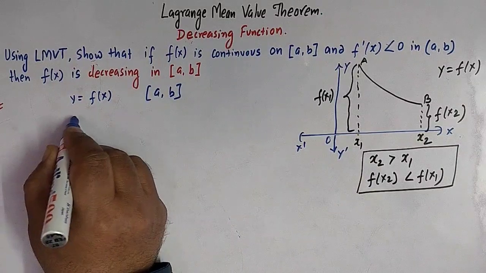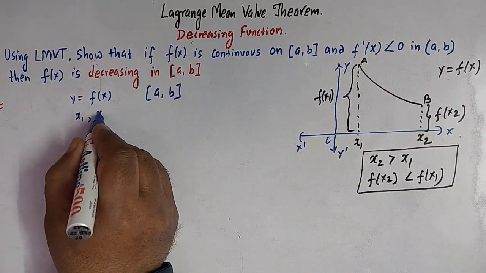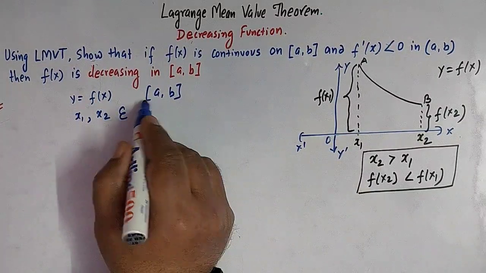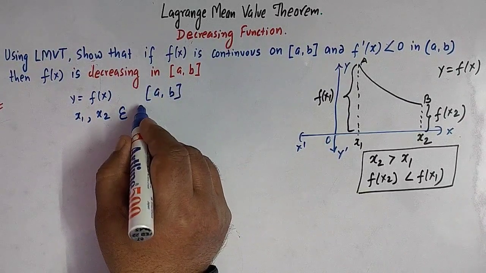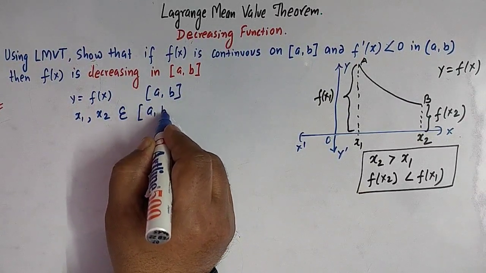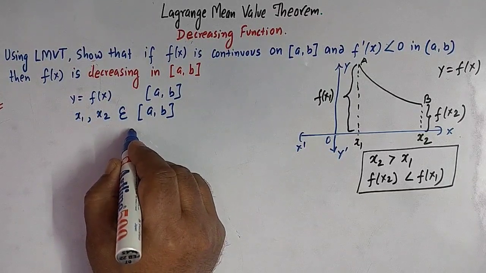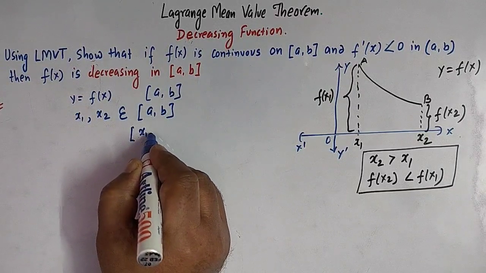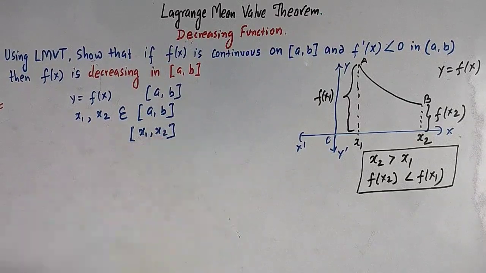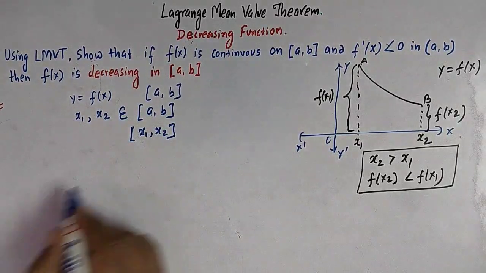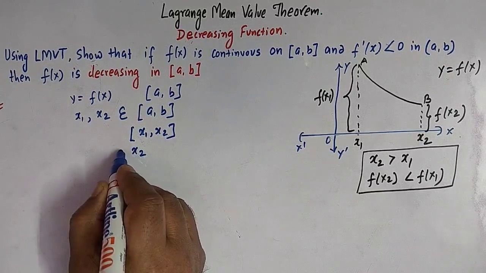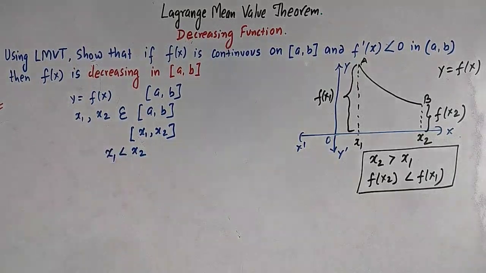Let us take two points x1 and x2 belonging to this interval [a, b], such that we form an interval [x1, x2], and here x2 is greater than x1.